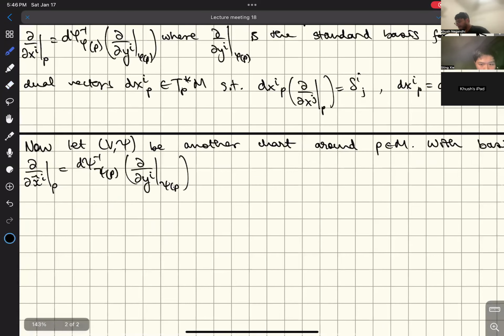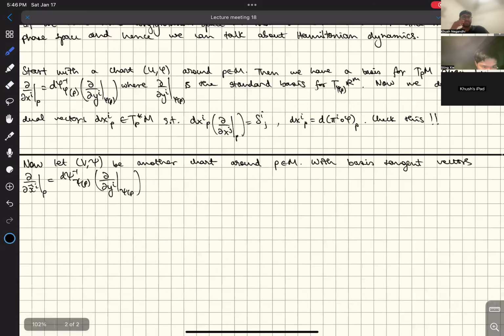And now the question is, the main defining characteristic of the tangent bundle, like I've said, is how these two bases must interact. How is this basis related to this basis? That is the main question.